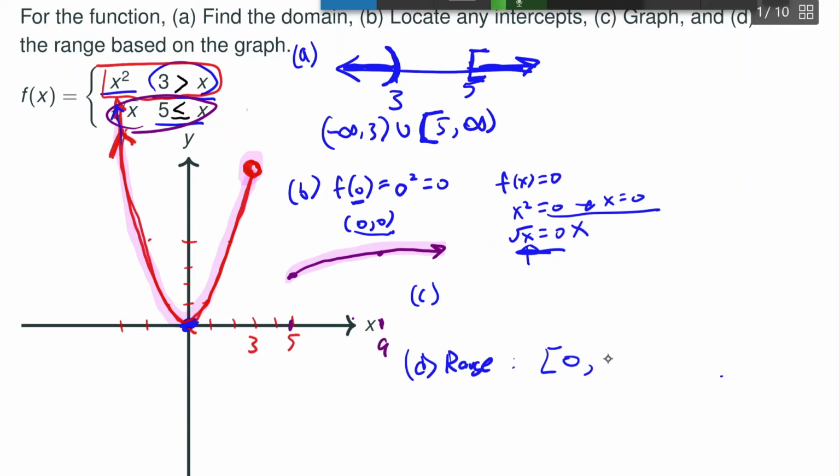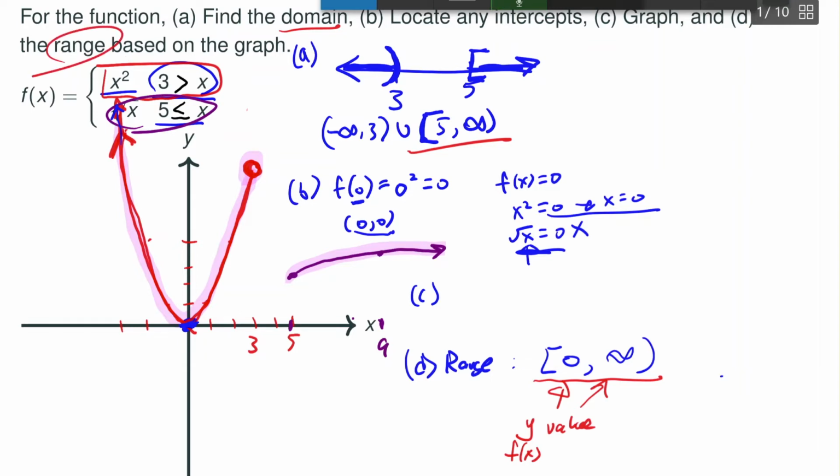So range is 0 to infinity. Again, let me note that these are y value, or we can say the function value, f of x value. This also. So just because we write in interval notation doesn't mean they mean the same thing as here. Domain implies x values. Range implies y values.